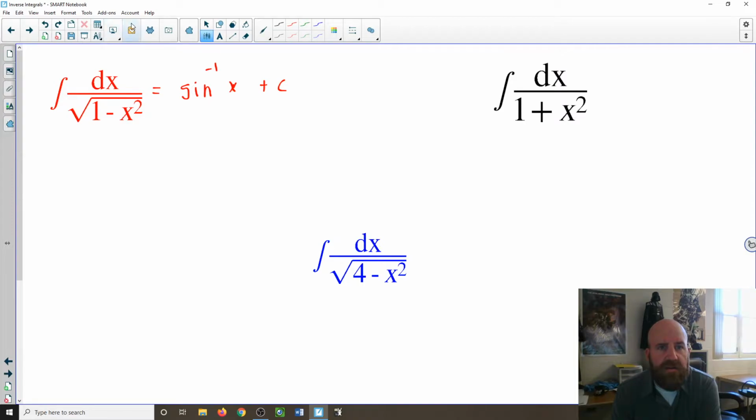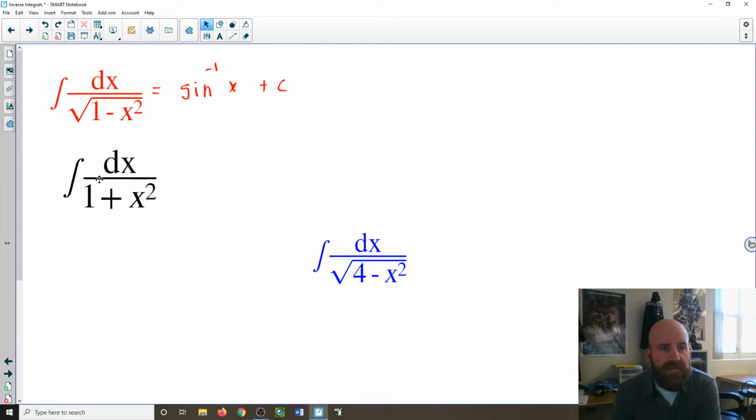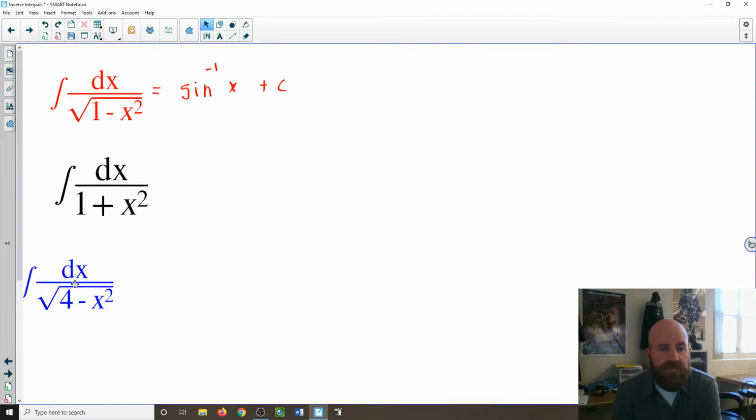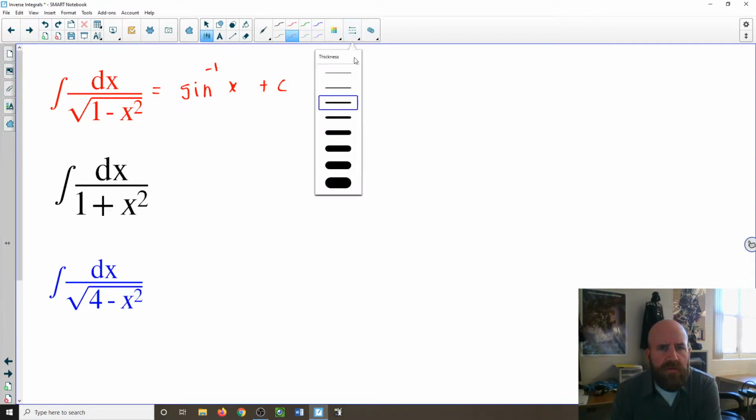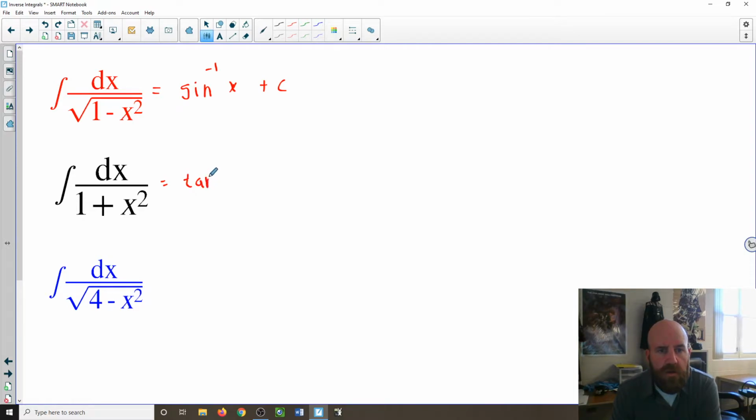This next one here, let's see, I'll line these up real quick. If we look at this, this matches our pattern for arc tangent. And then this one down here is matching our pattern for inverse sine.